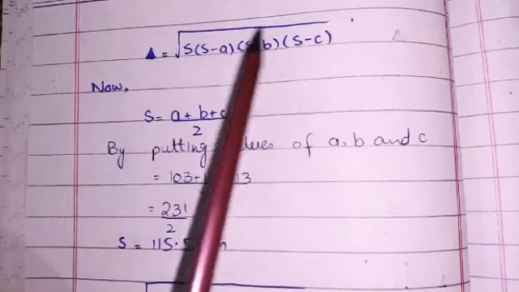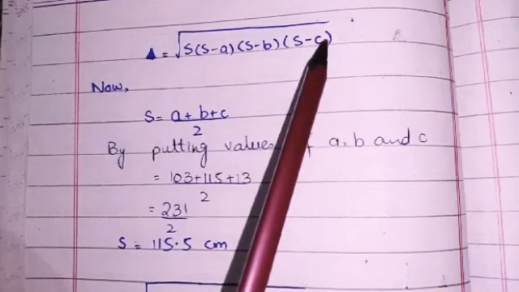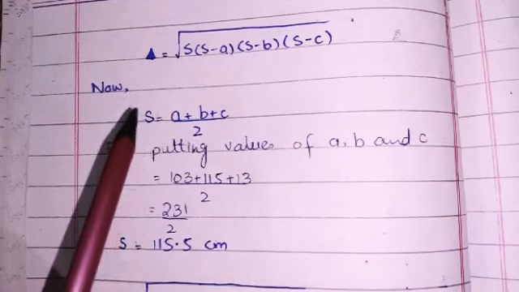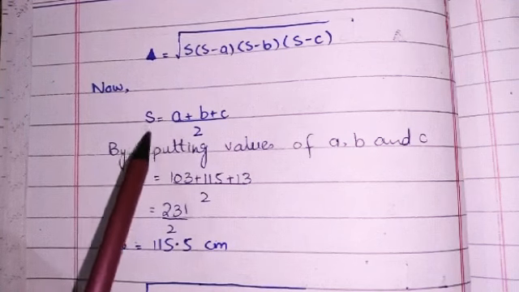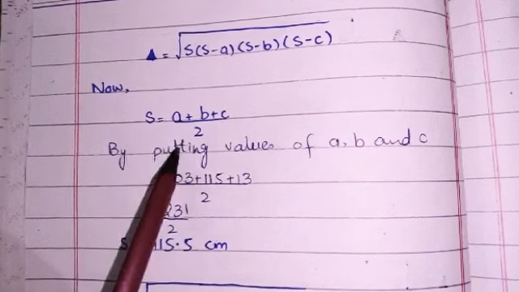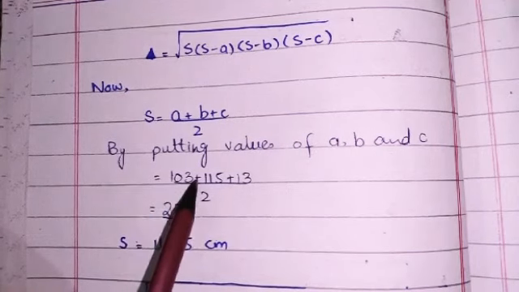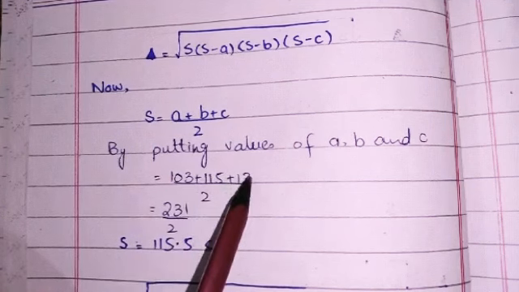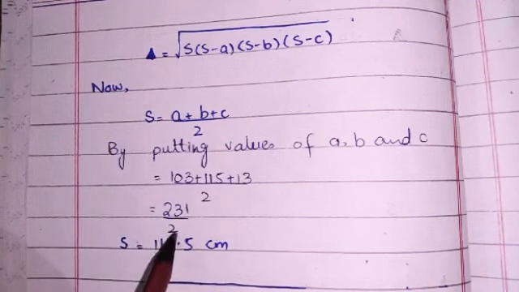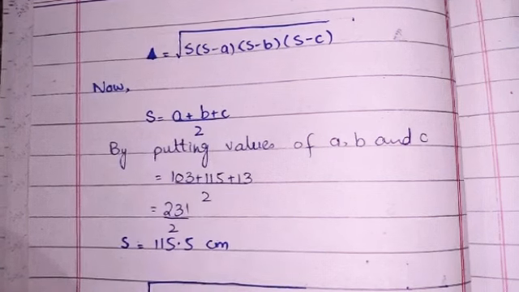Area of triangle is equal to square root S into S minus A into S minus B into S minus C. But before that, we will find out the value of S by using our formula. S is equal to A plus B plus C over 2. By putting values of A, B and C, 103 plus 115 plus 13 over 2. Addition of 103, 115, 13, we got 231 divided by 2. S is equal to 115.5 centimeter.